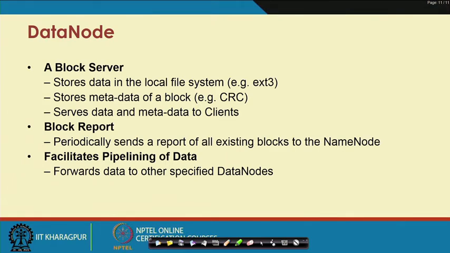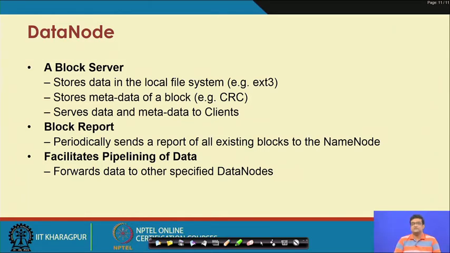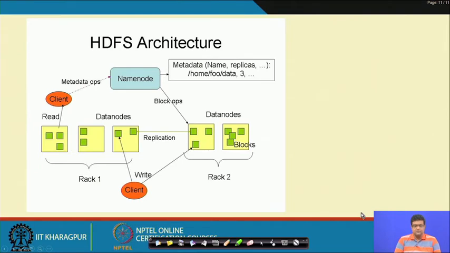So, it will store the block data in the local file system, and then it will store some metadata for the block like the checksum, etc. And then as a general rule it serves the data and the metadata to the clients which connect to it, and it will also periodically interact with the name node to send the block report to the name node. And the third functionality of the data node is that it facilitates pipelining, which we will see in a minute. Okay. So, this architecture we have already seen.